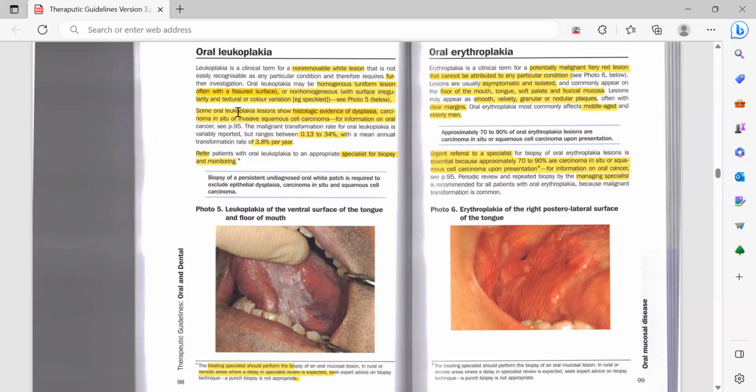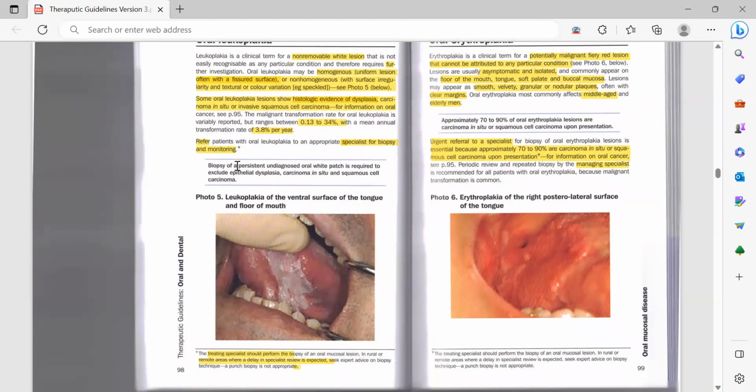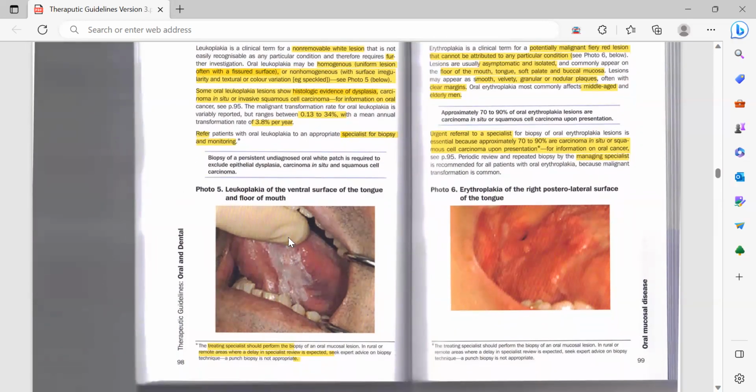Then it can turn into cancer, with a range of about 0.13 to 34%, and the mean annual transformation rate is 3.8% per year. So what you need to do for these patients is refer them to the specialist for biopsy and monitoring. So specialists would be handling them from now.